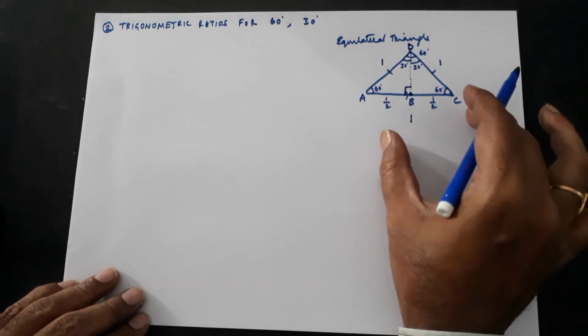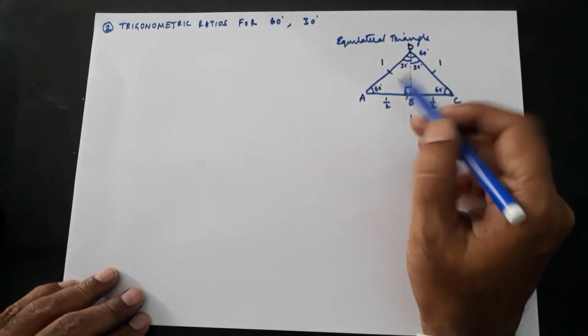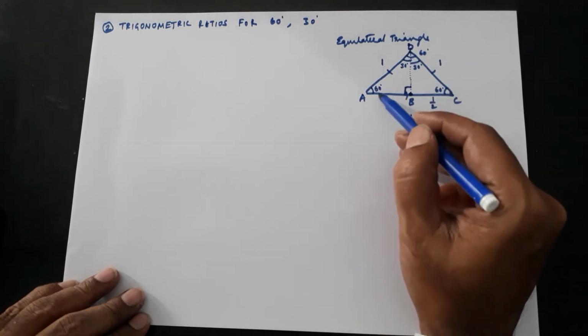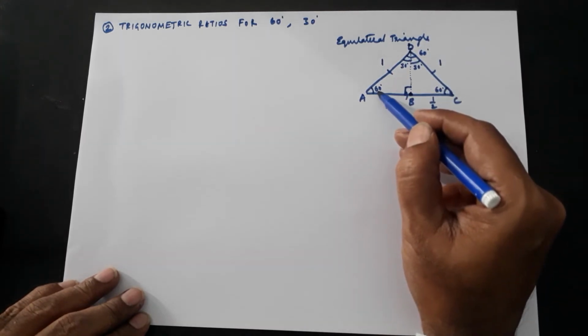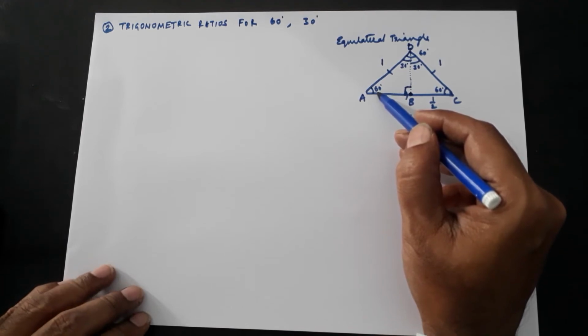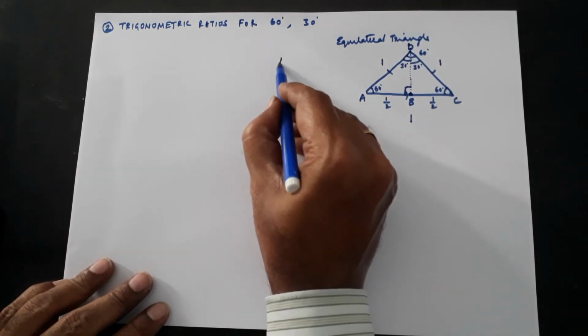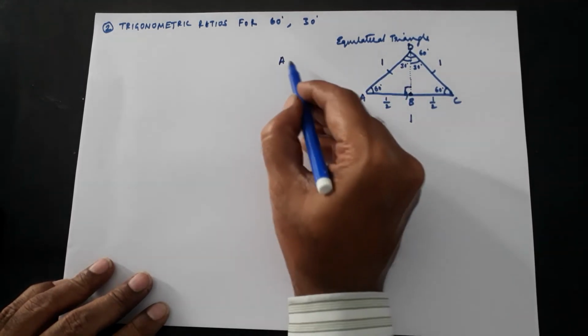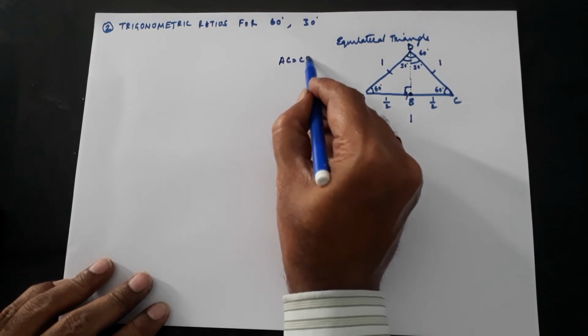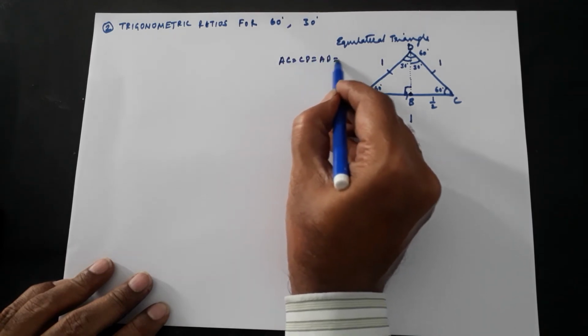Okay, so if we consider this triangle ABD, we can find out the trigonometrical ratios for 60 degrees. So in this, what we have taken is an equilateral triangle. Equilateral triangle means all sides are equal. AC is equal to CD equal to AD equal to 1 unit, let's say.